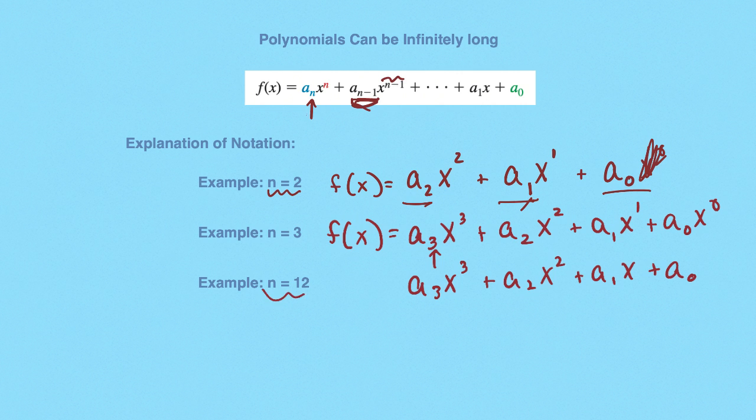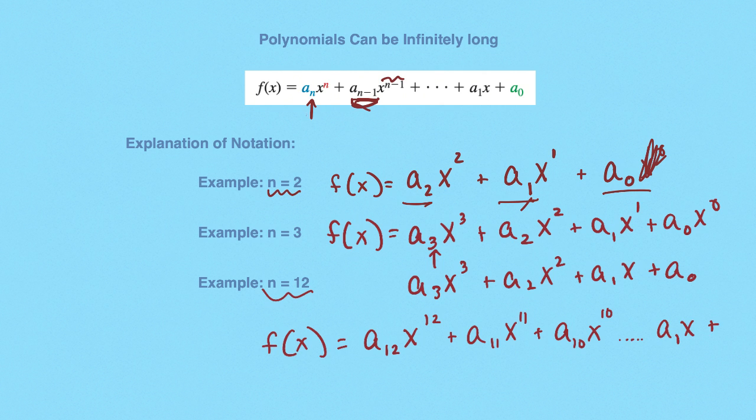And then if you get something really, really big, n to the 12th, it looks something like this. A sub 12, x to the 12th, plus a sub 11, x to the 11th, a sub 10, x to the 10th, and it keeps going like this till you get down to a sub 1 times x plus a sub 0.